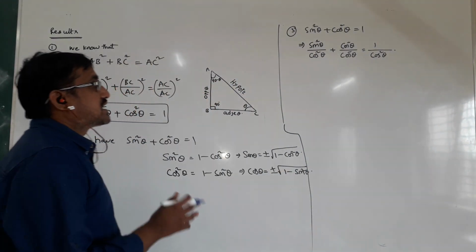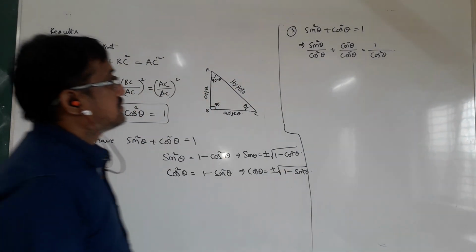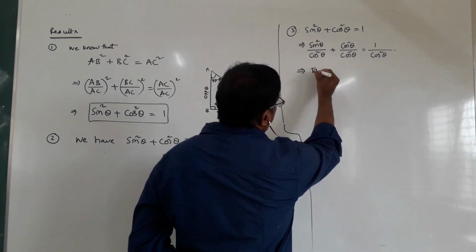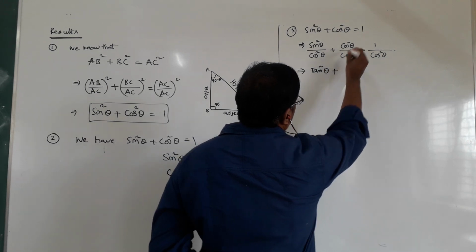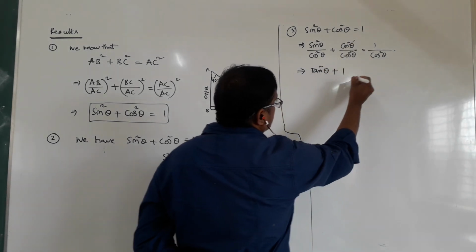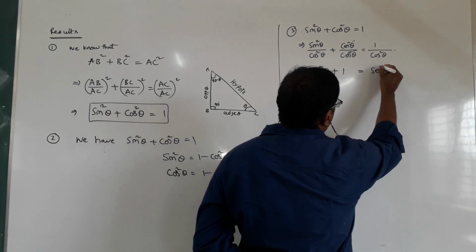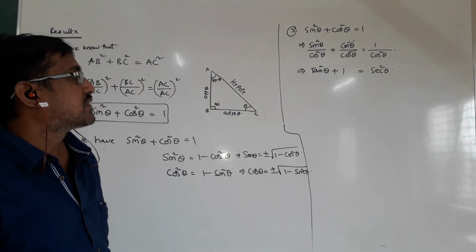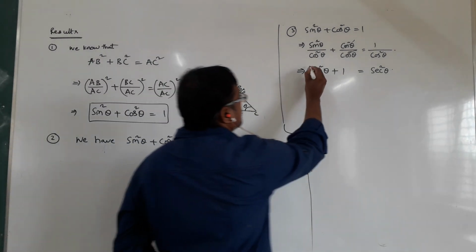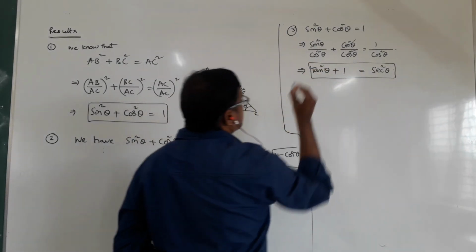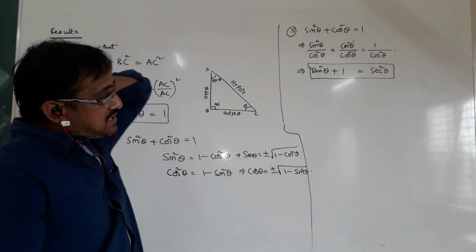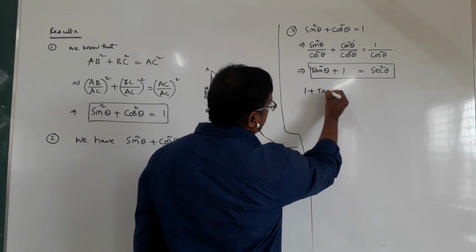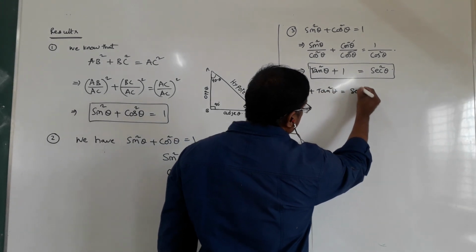Now the ratio of sin and cos is equal to tan. So sin square theta by cos square theta can be written as tan square theta. These two will be cancelled, is equal to secant square theta. Reciprocal of cos is secant. Now we have a formula: 1 plus tan square theta is equal to secant square theta. This is the result. 1 plus tan square theta is equal to secant square theta.